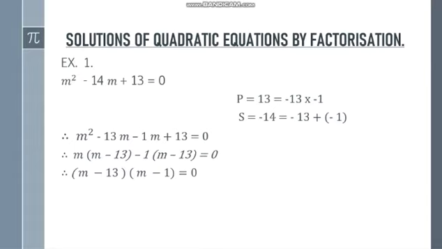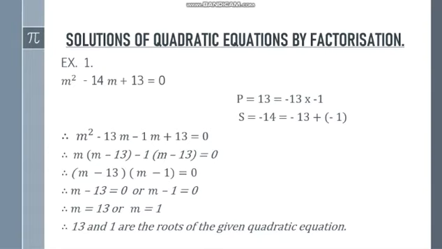If two terms' product is 0, that means if a into b is equal to 0, then either a is 0 or b is 0. In the same way, either m minus 13 is equal to 0 or m minus 1 is equal to 0. Therefore m is equal to 13 or m is equal to 1. These are the roots of the given equation.